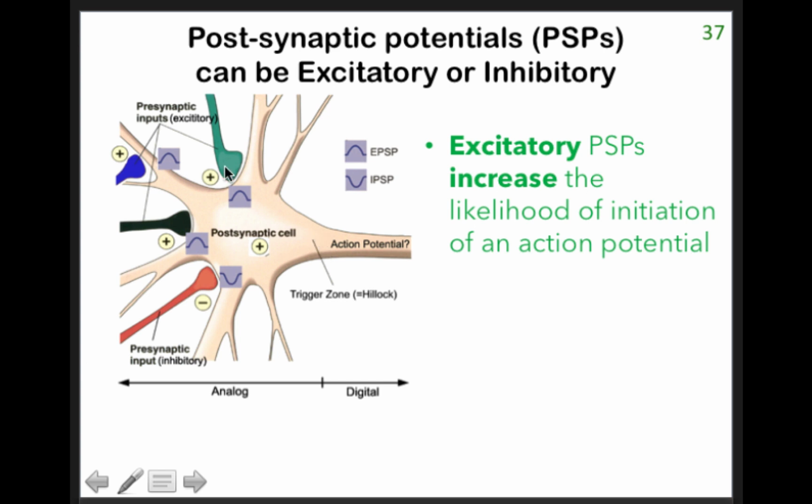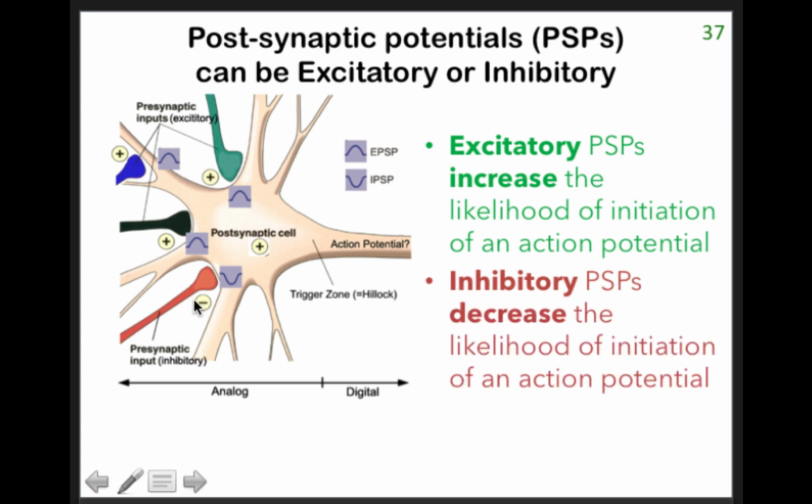When an excitatory neuron signals the postsynaptic membrane, it causes the membrane potential to go up a bit closer to the threshold. On the other hand, when an inhibitory signal comes in, that causes the membrane potential to go down, to become hyperpolarized, making it less likely to initiate an action potential.